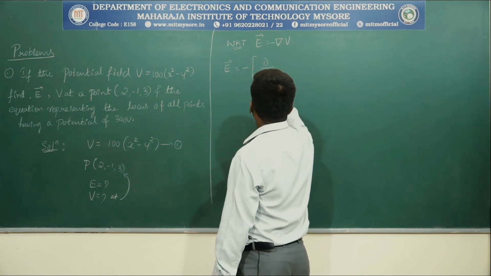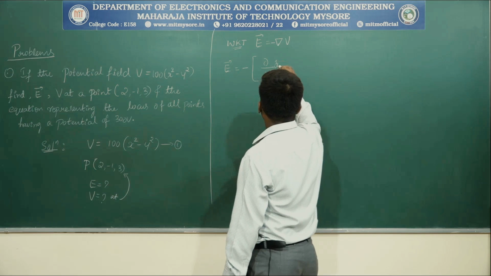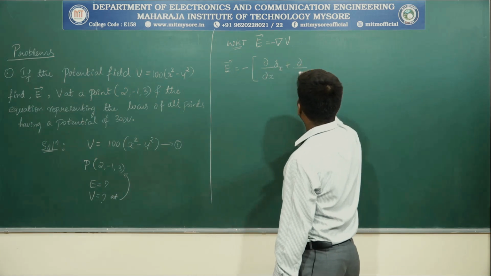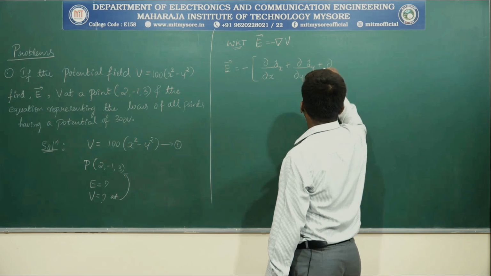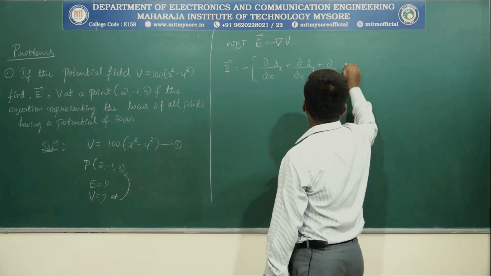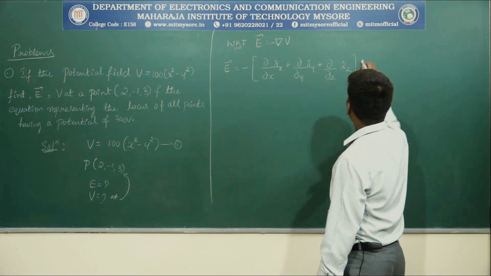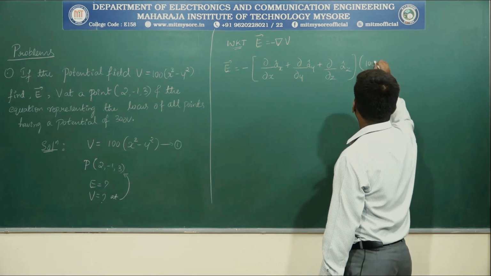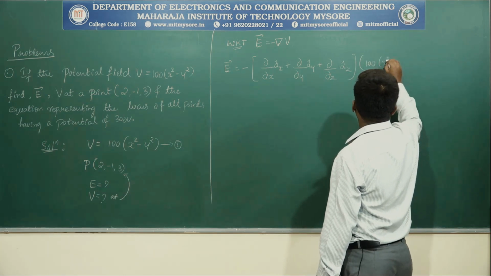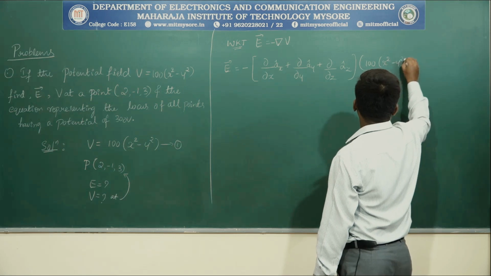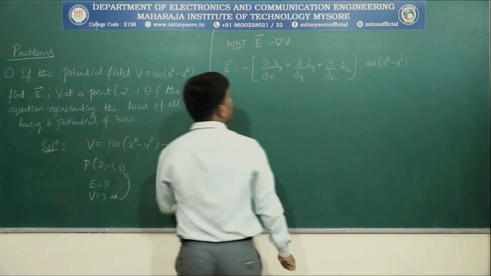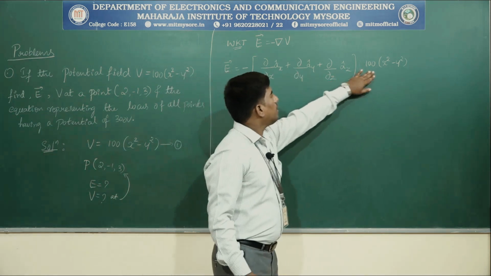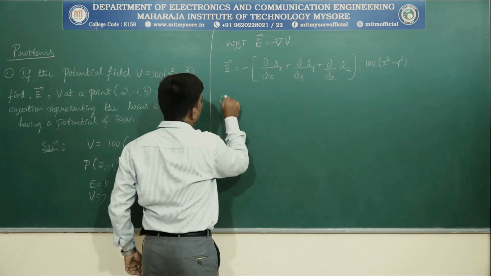Dou by dou x of a cap x plus dou by dou y of a cap y plus dou by dou z of a cap z into V, that is 100 times of x square minus y square. So no need of having this bracket. Now take this quantity inside.